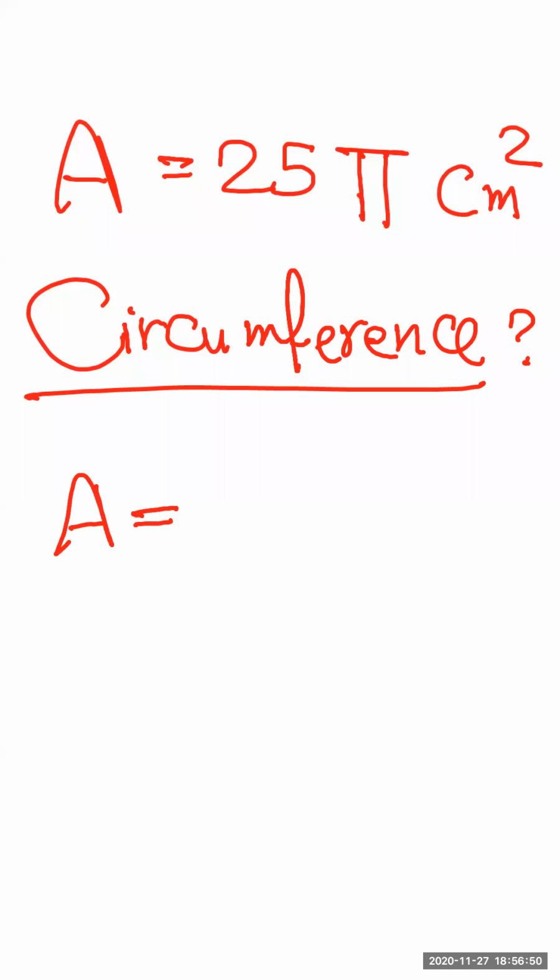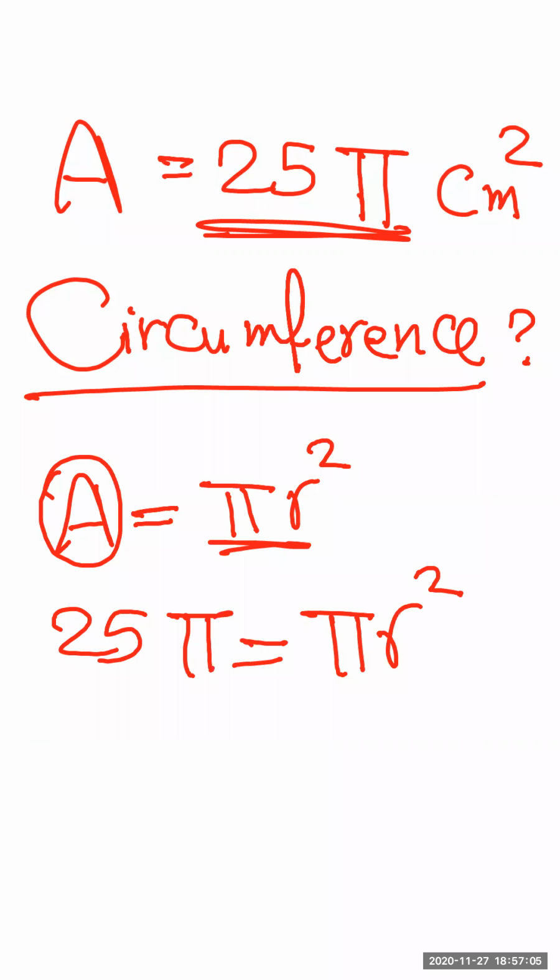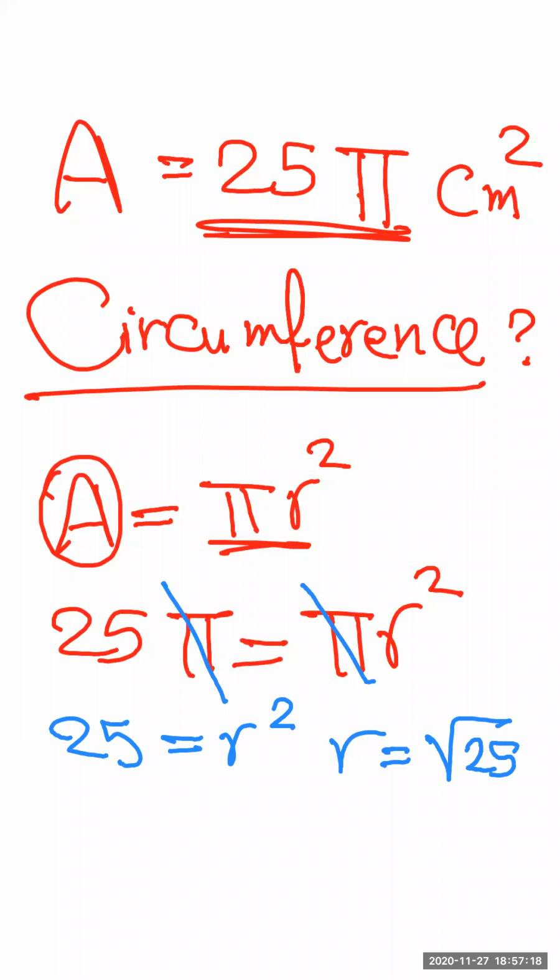The rule: area equals pi r squared. So 25 pi equals pi r squared. Now I can remove pi with this pi, so 25 equals r squared, and we're going to make it like an equation. So r will equal the square root of 25, so r will equal 5. That's it.